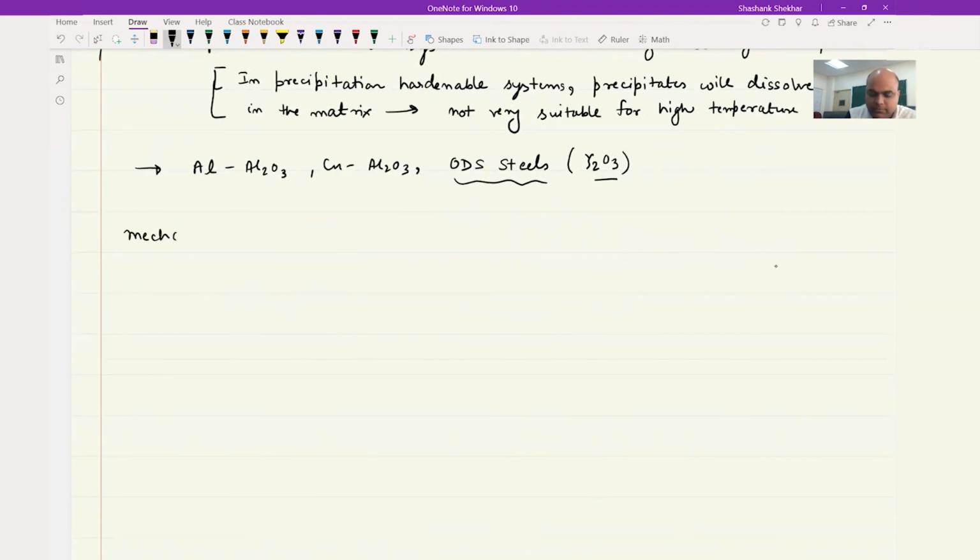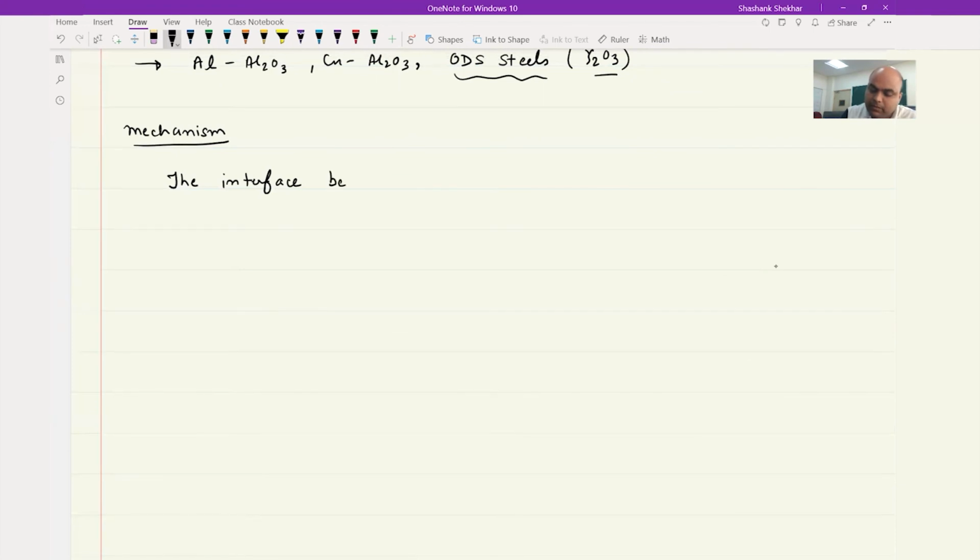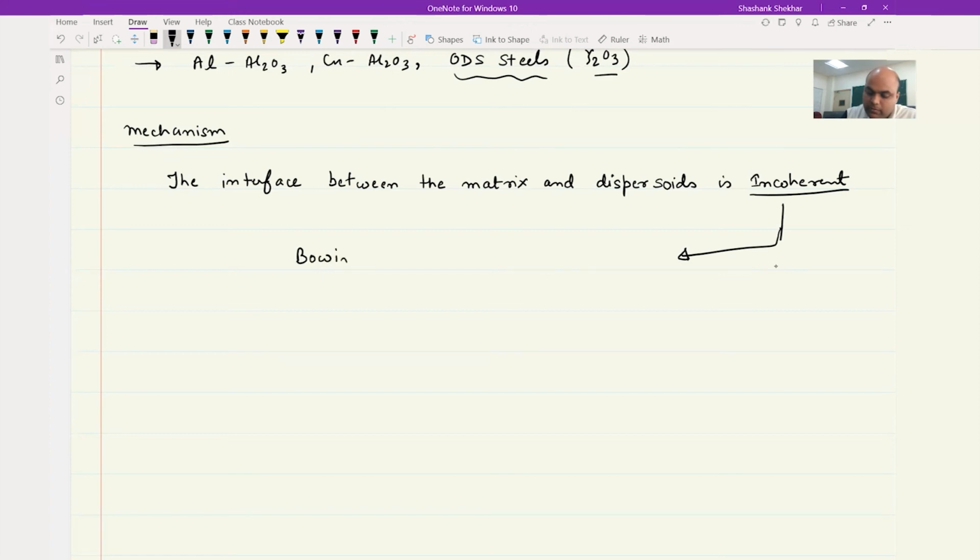So the mechanism, if you see: the interface between the matrix and dispersoids is incoherent, and if it is incoherent, there is going to be bowing of dislocations around dispersoids.